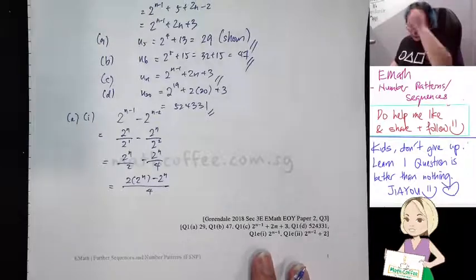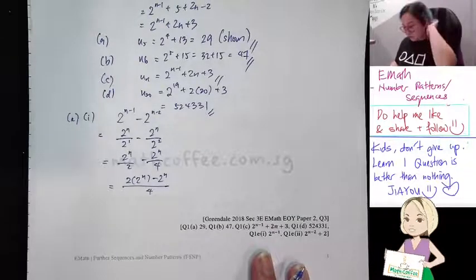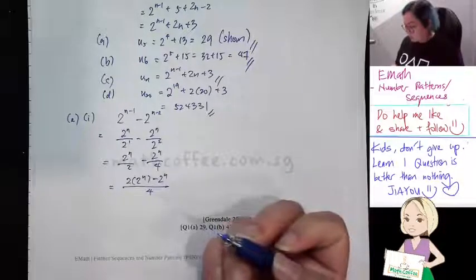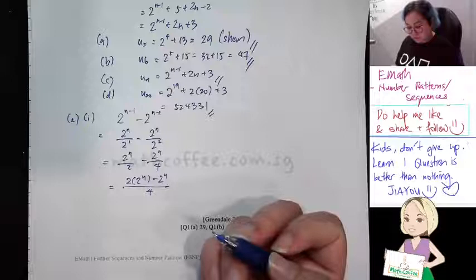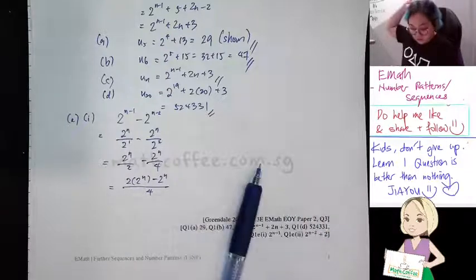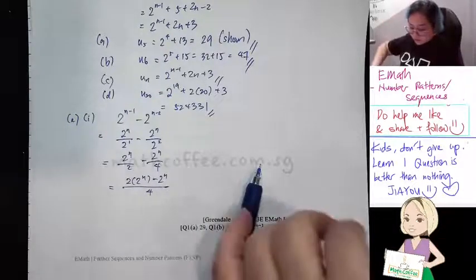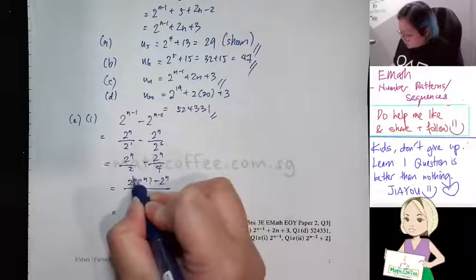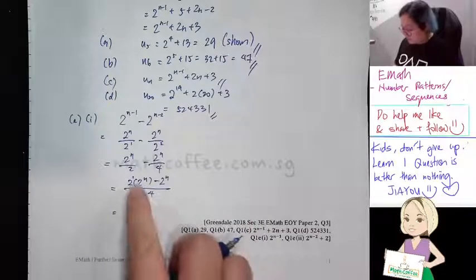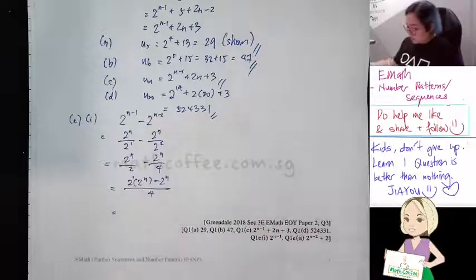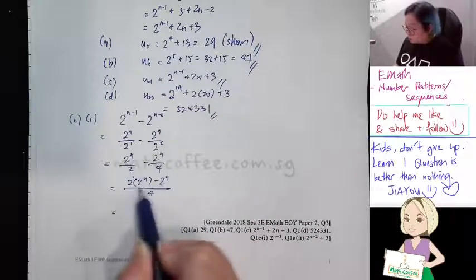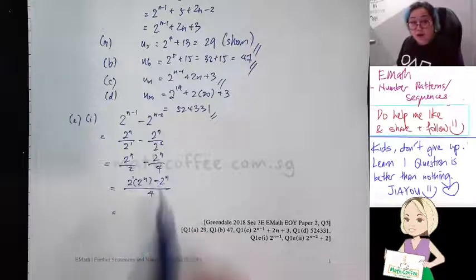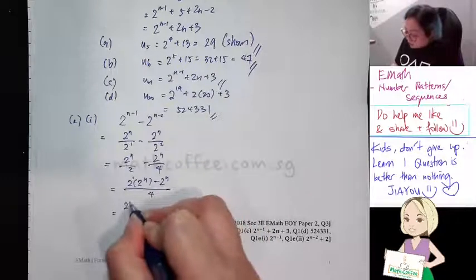Okay, then what do we do? What we can do is take out the common factor 2 to the power of n. Be careful, this is subtract. So I can only take out 2 to the power of n.